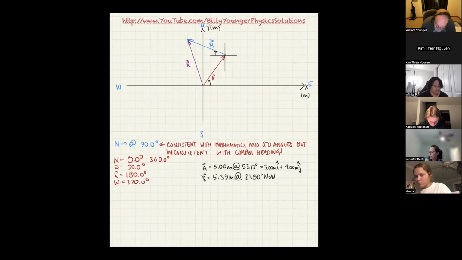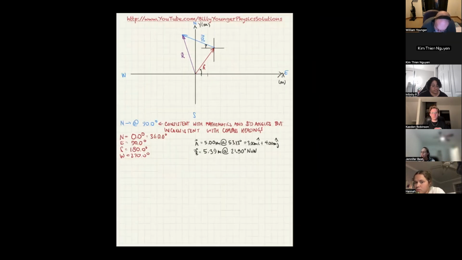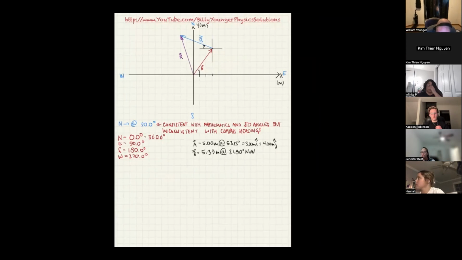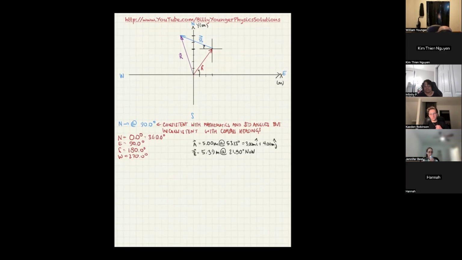Now, evidently, since I use the idea that each one of these little blocks is 1 meter, we've already established a scale for these, and that is this distance from here to here is equal to 1 meter, and this distance from here to here is equal to 1 meter.